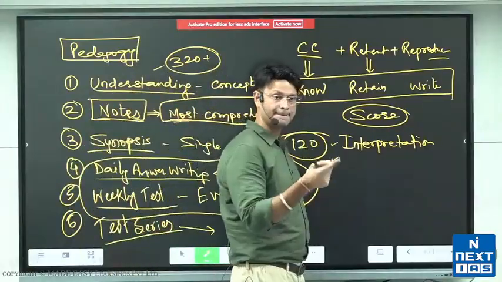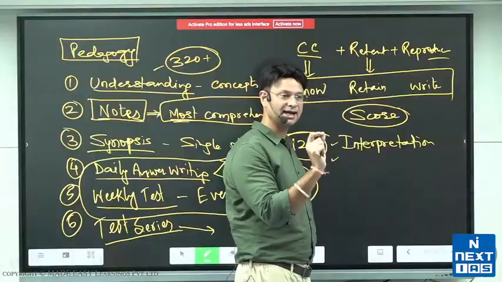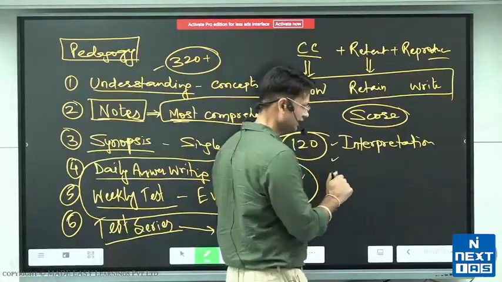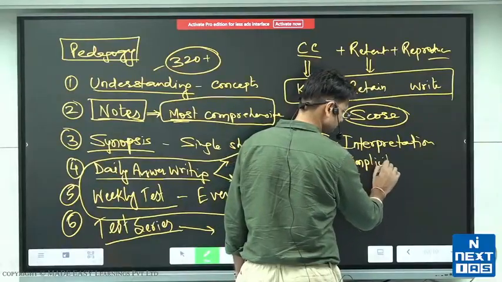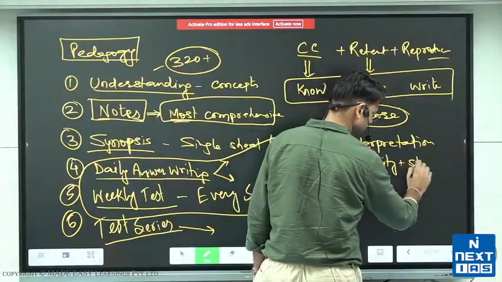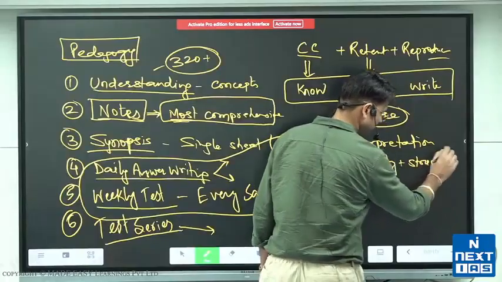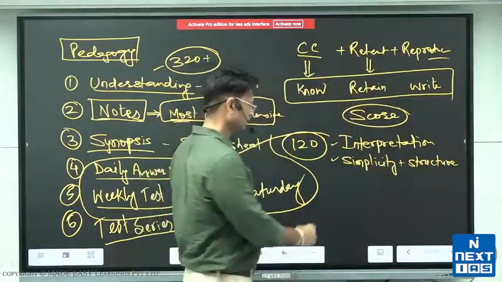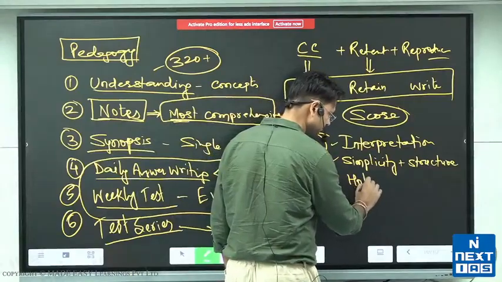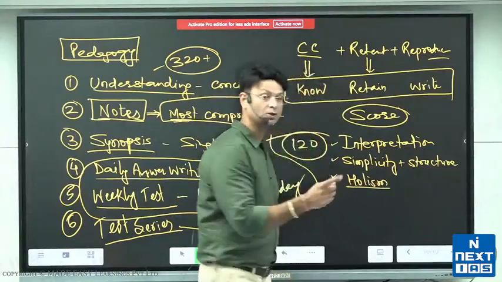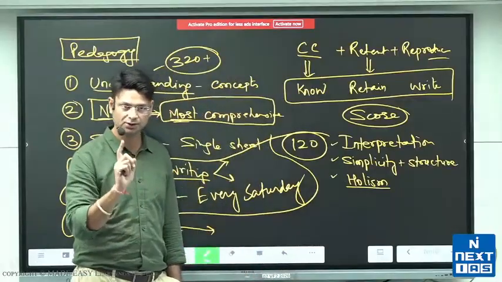Second is writing that simply and in a structured manner, right? That means simplicity plus structure. Third, addressing all dimensions, holism. That means write all the dimensions that are asked about that question.